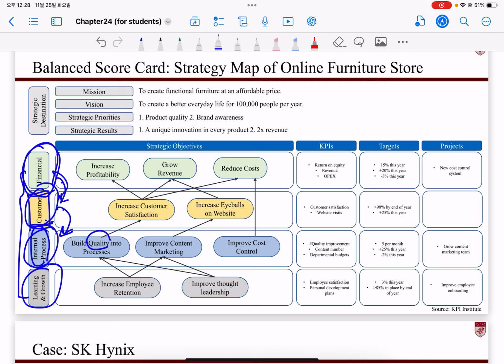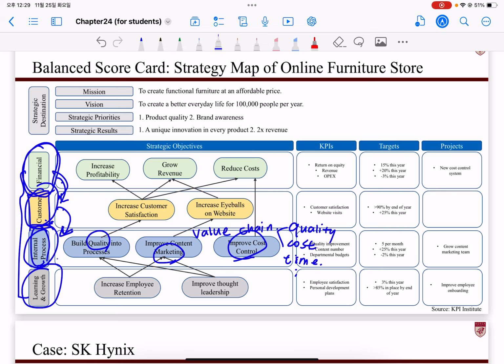This means having a good quality product in the value chain, right? Improving the marketing campaign, improving the cost control, everything related to the value chain in the business, related to quality, costs, and everything, or time, right? They are all related to internal process.